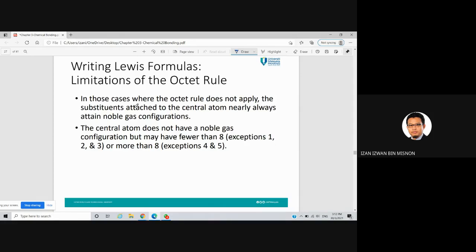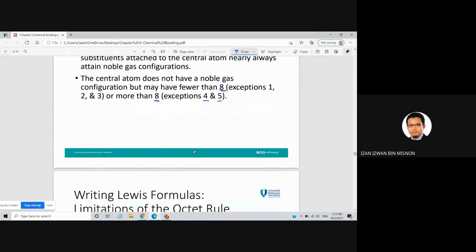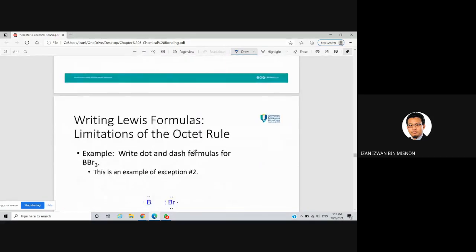Supposedly it needs to have 8 electrons to achieve the octet, but some of them may not have 8. In the second case, the central atom has more than 8 electrons. This is for exceptions 4 and 5. It is supposed to have 8, but it exceeds 8. Okay, we have some examples here.